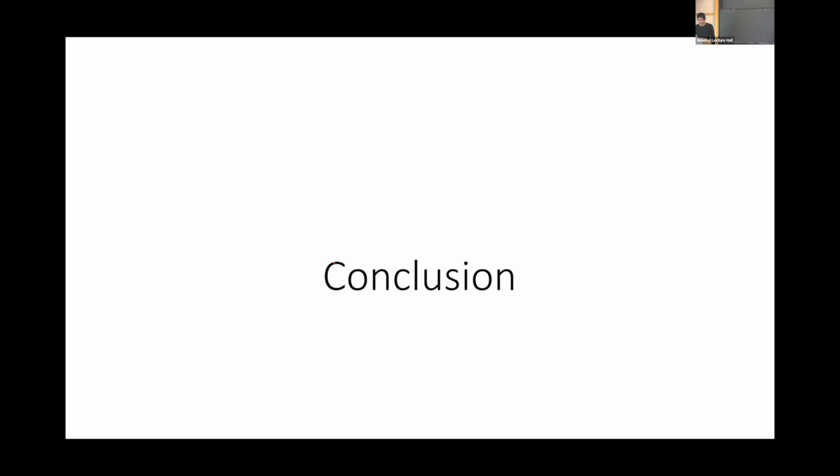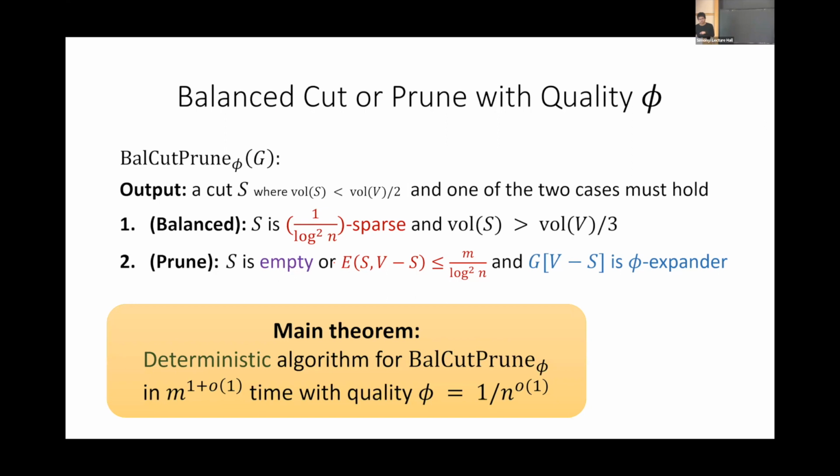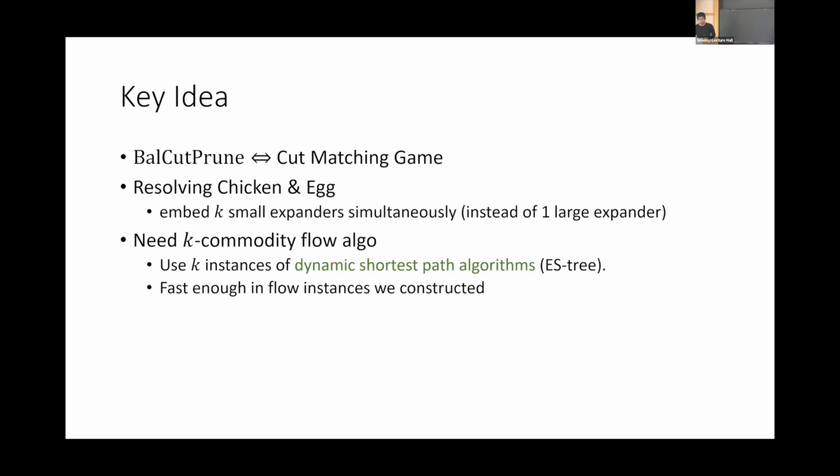Okay, just to conclude, that's how we get fast and deterministic expander decomposition. And the key is to get a bound cut prune algorithm that is fast. The idea is just to see that these two processes are algorithmically equivalent: bound cut prune and the nice thing called the cut matching game.